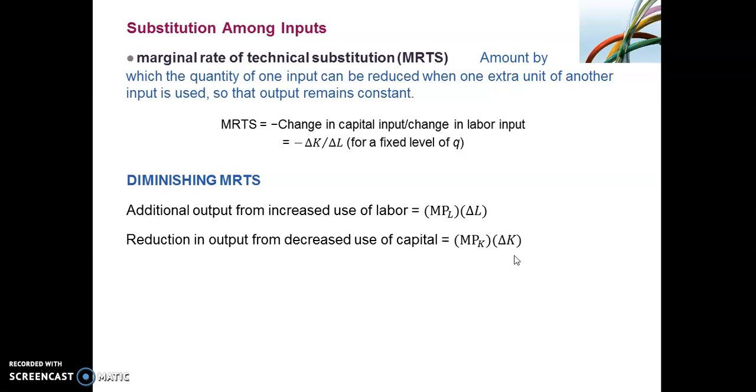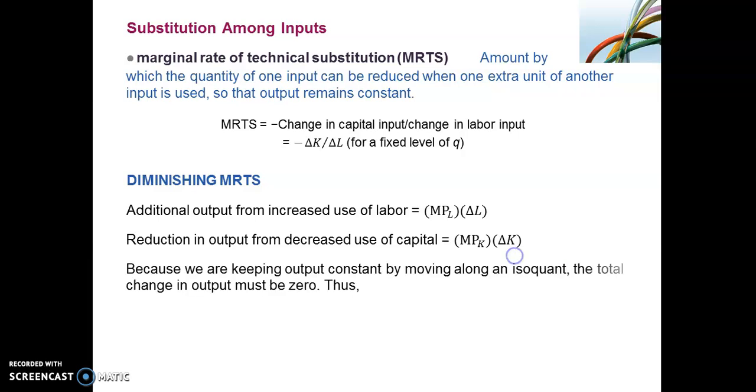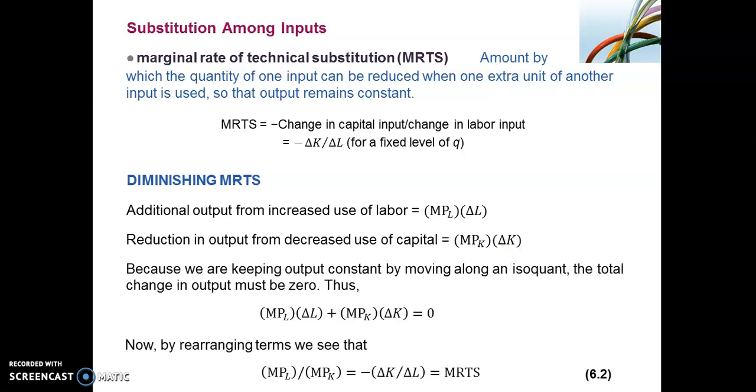But we know the net effect on output Q all along your isoquant is in fact the same. So the net change, even though you're having the product of your change in labor times your marginal product of labor, the product of that is positive and increasing.